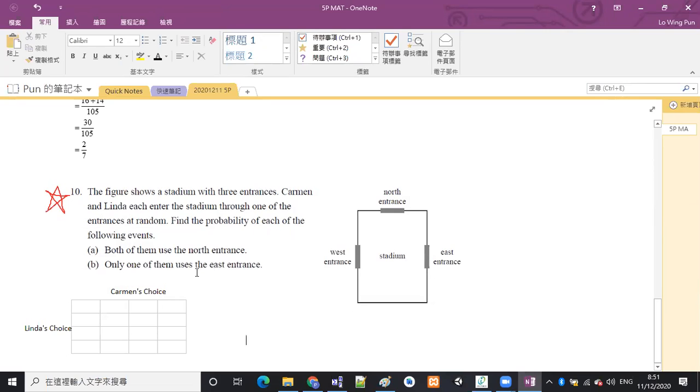Okay, so what are the choices of Carmen? She can choose east, west, and north, right? How about Linda's choice? She can also choose east, west, and north. Can you get this?